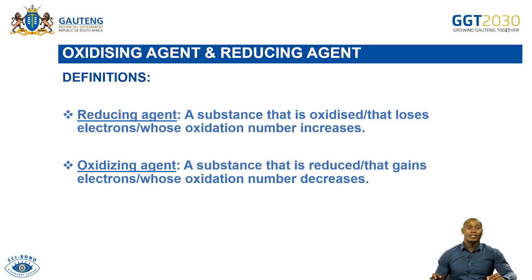Okay, right. So what is the reducing agent? As per your exam guide, a reducing agent is a substance that is being oxidized, or a substance that loses electrons, or whose oxidation number increases.